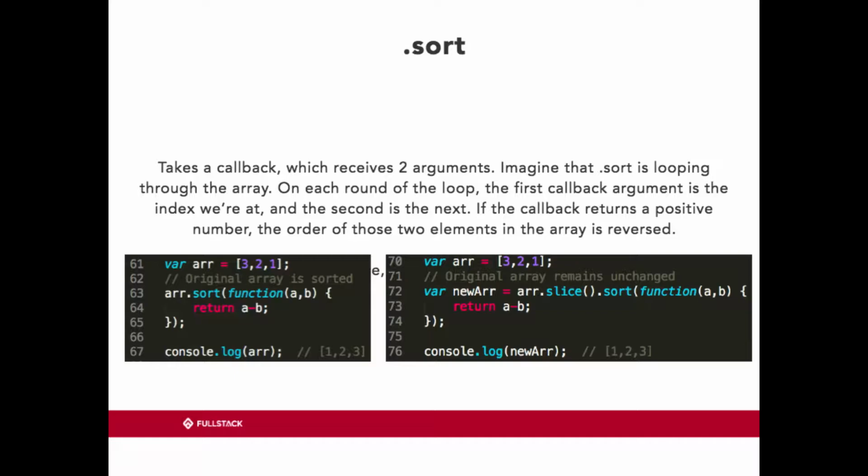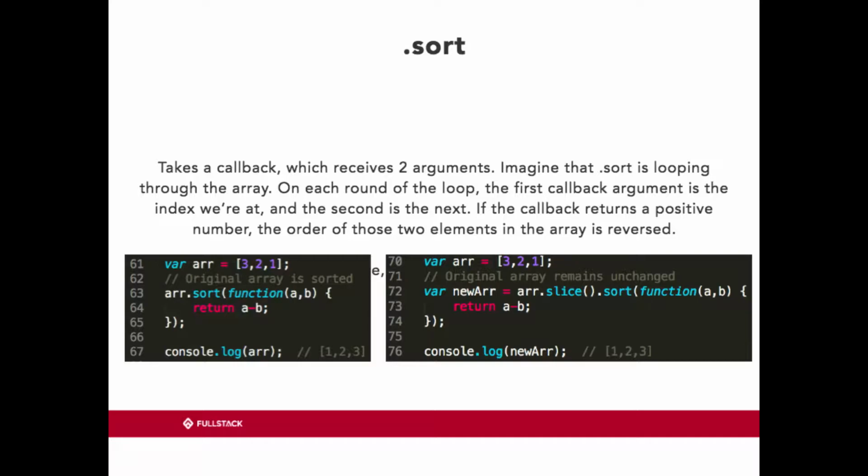For example, in JavaScript, 10 is theoretically less than 2 because the first character is a 1 rather than 2. So when you try to do strings and other things, it gets a little bit wonky. My rule of advice is I only try to sort numbers, and if it's not a number, I try to convert it to a number first before I sort it, just to keep it very consistent so I know what's going on.